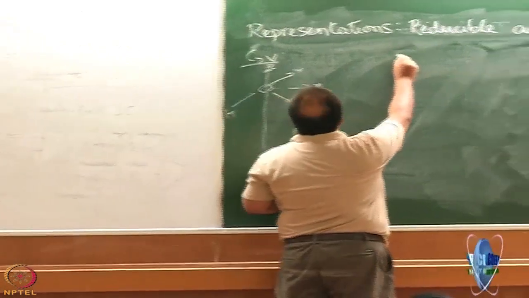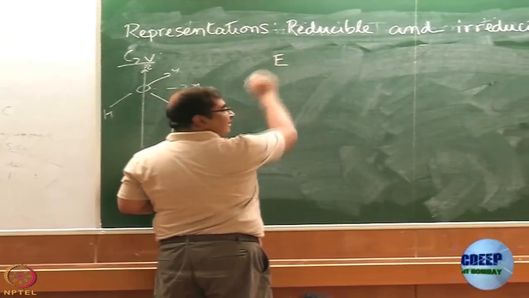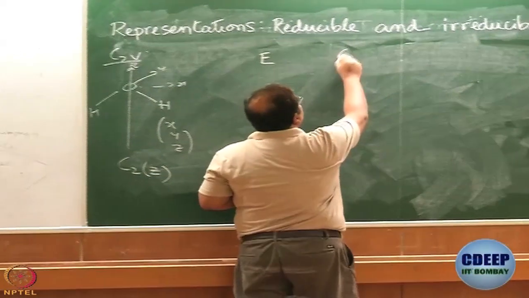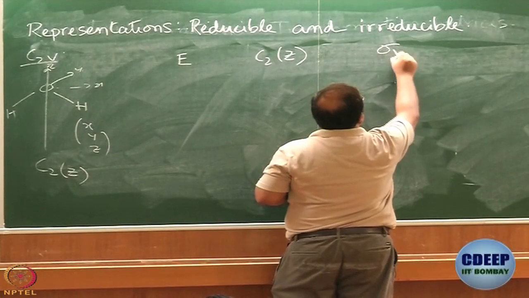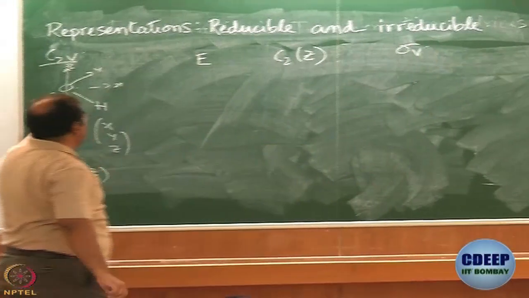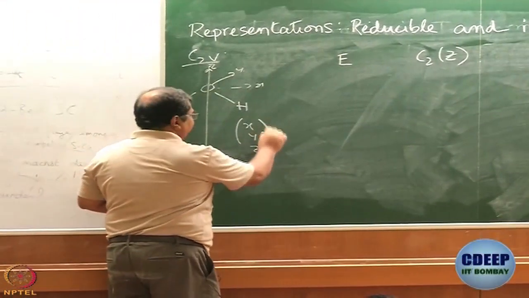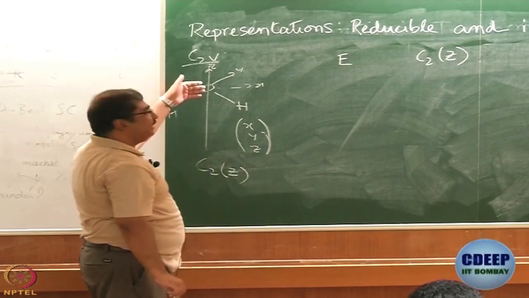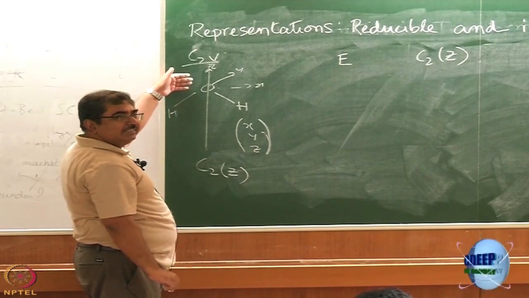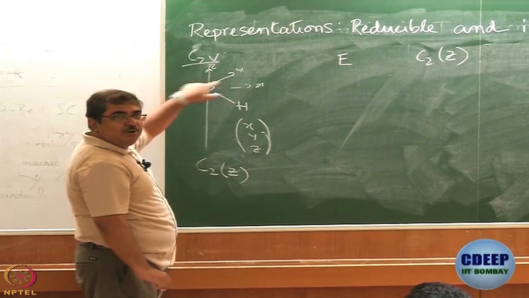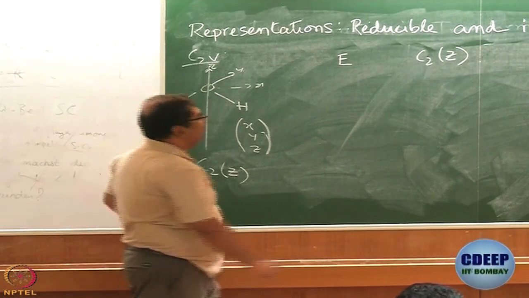What are the operations that are there? E, C2 (Z), sigma v. The way I have drawn it, which one is sigma v? The way I have drawn it, the molecular plane is the ZX plane, right? So, sigma v is ZX. X axis is on the board, Y axis is perpendicular to the board.